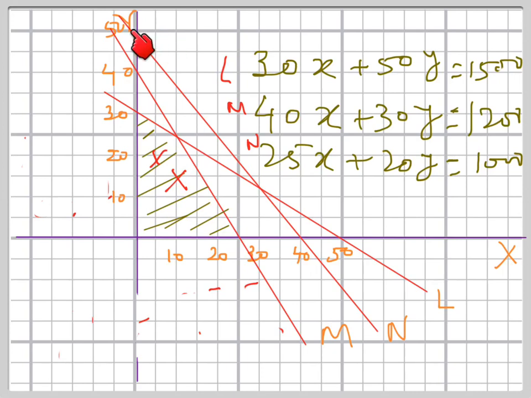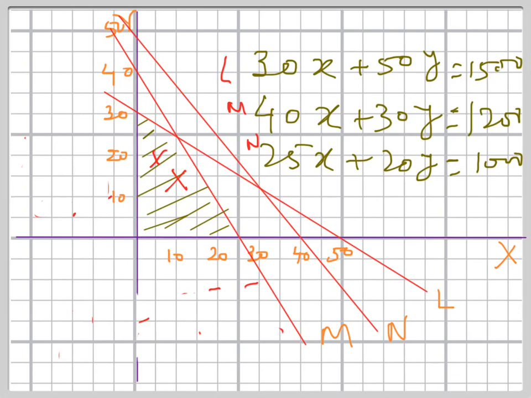N line is obviously not affecting the feasible solution space right now. So mainly we have to think about the L and M lines.